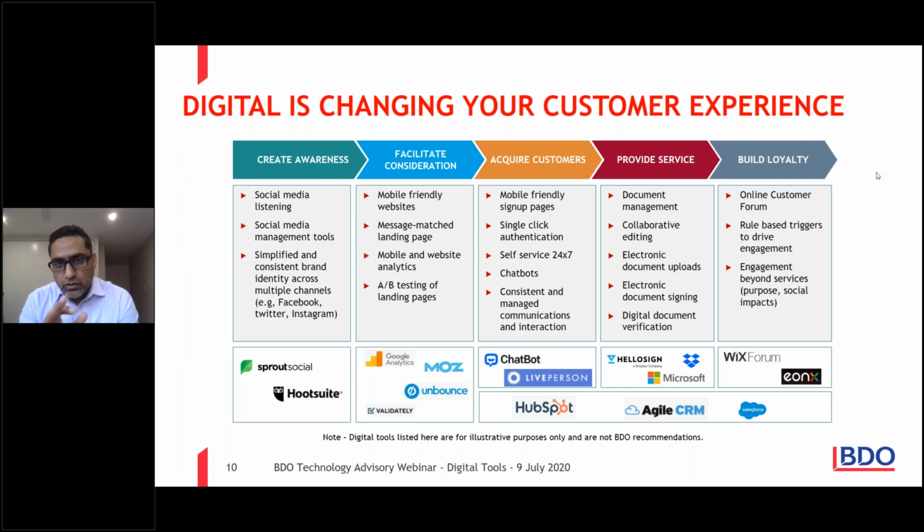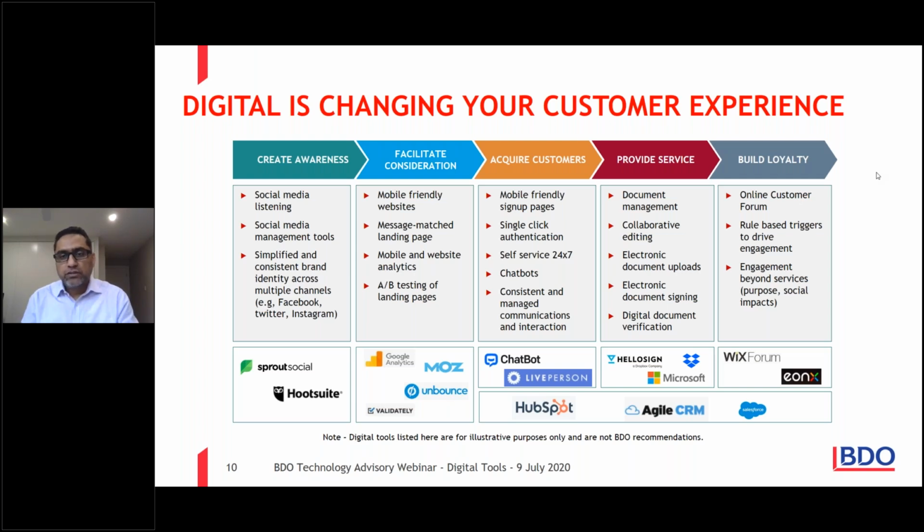Now, one is having those capabilities from a technical point of view, but the other positive side is that it opens up a bigger market. You're no longer depending on face-to-face interactions or on paper documents floating around. You can expand the geographical region where you provide services and expand your customer reach by providing services through electronic mechanisms.